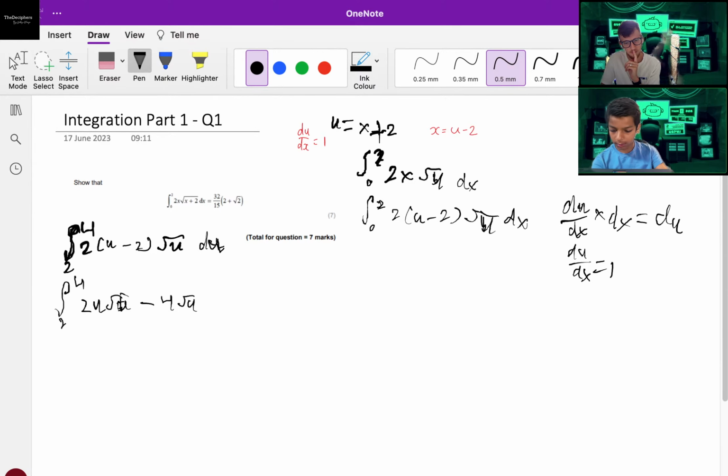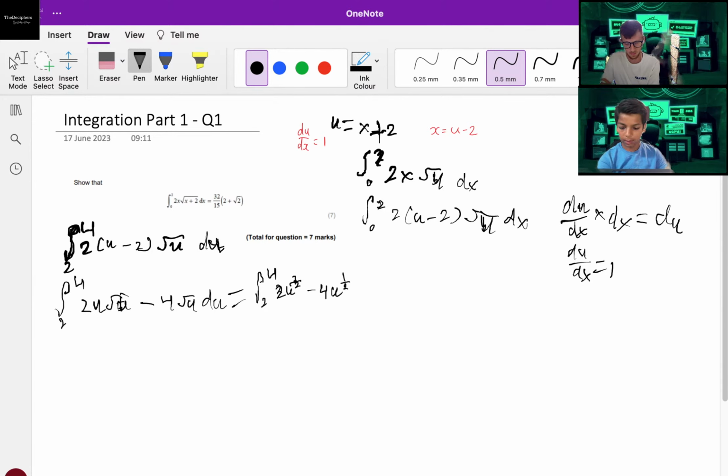And that is the same as the integral from 2 to 4 of 2u to the power of 3 over 2 minus 4u to the power of a half. Amazing.